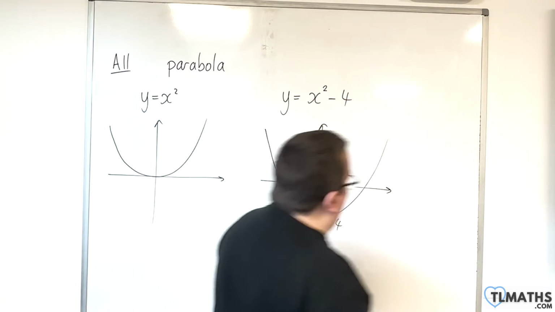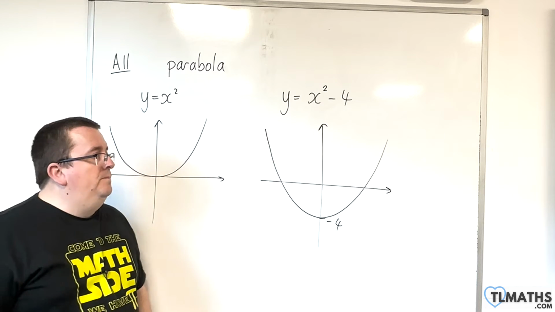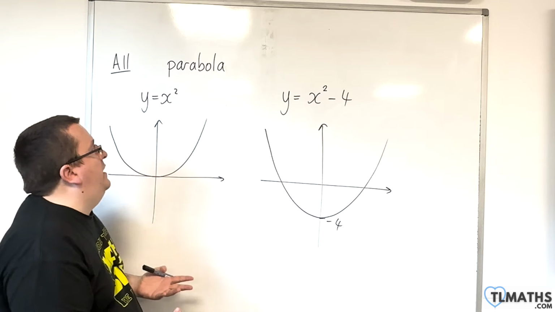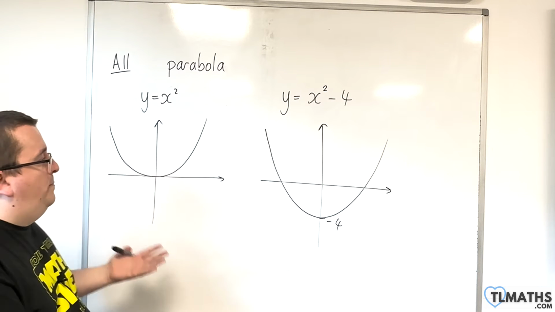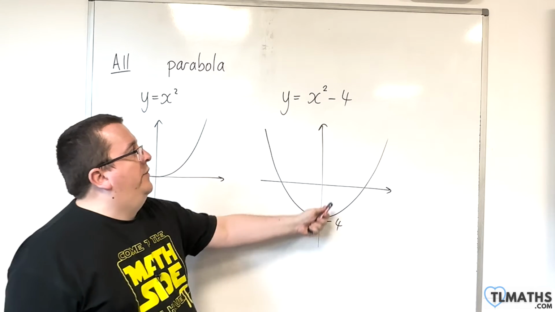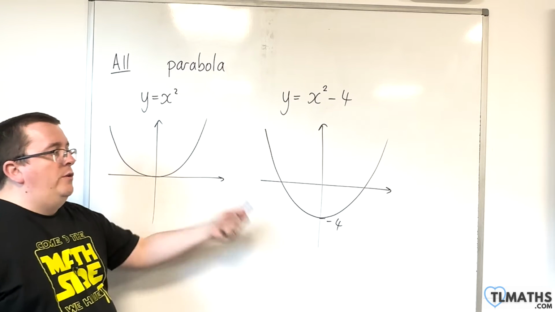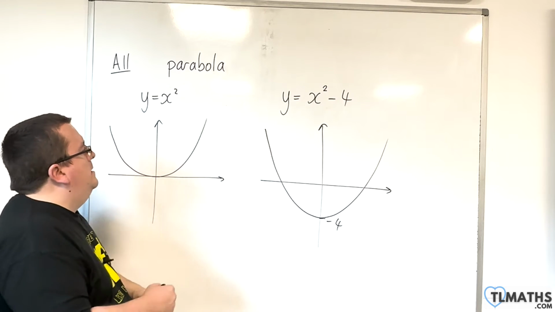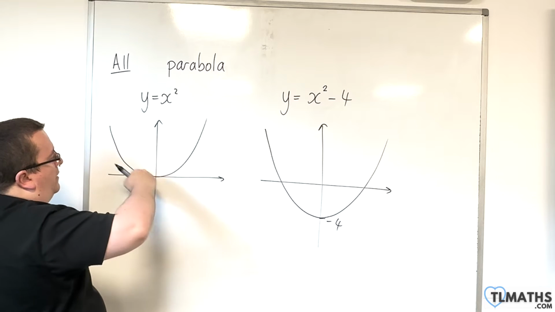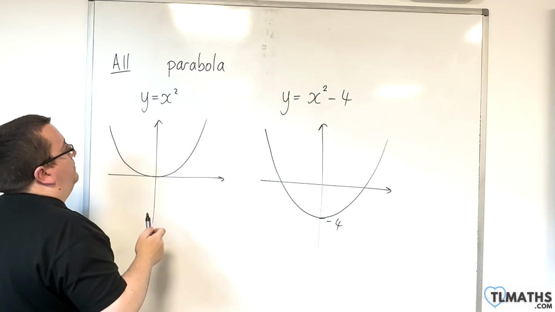Now, if we just take a look at these two, just to start this off, is there any property of the parabola that we should be aware of from the outset? Well, the y equals x squared curve and the y equals x squared take away 4 curve both show this off quite well, because as you can see, this part of the curve is the same as this part of the curve, but the mirror image.